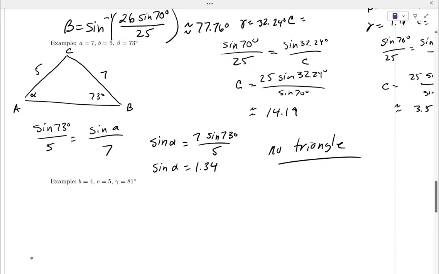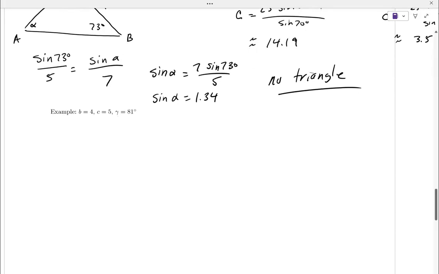Let's do this next one. So this one, given B is 4, C is 5, gamma is 81 degrees.